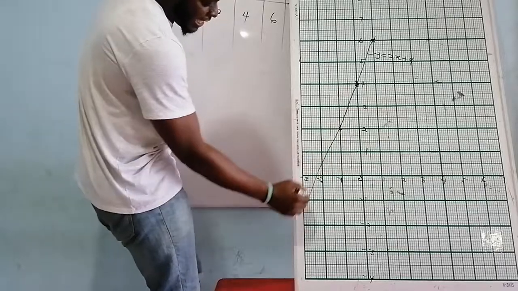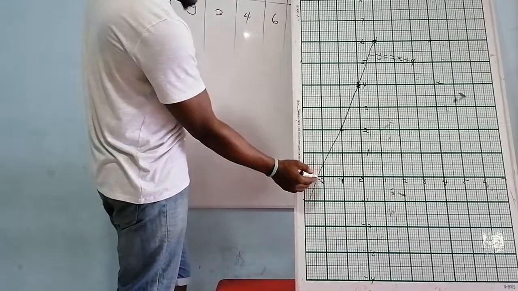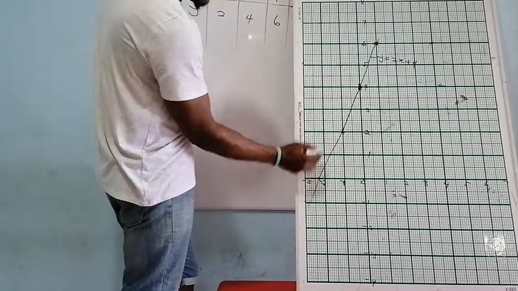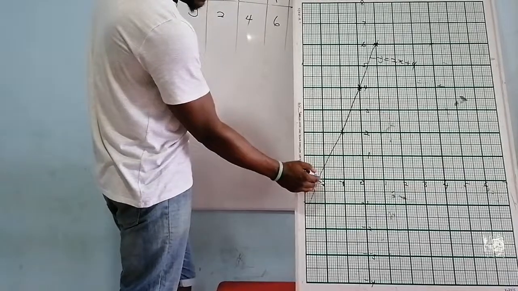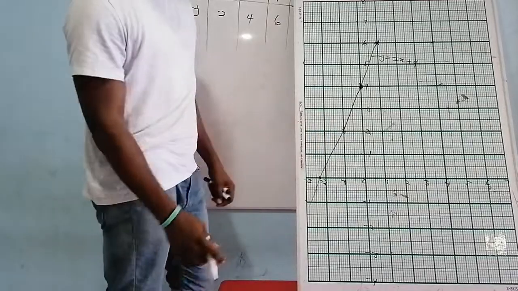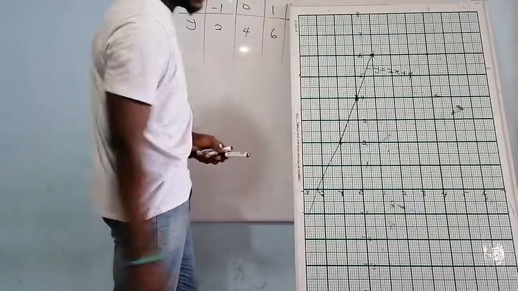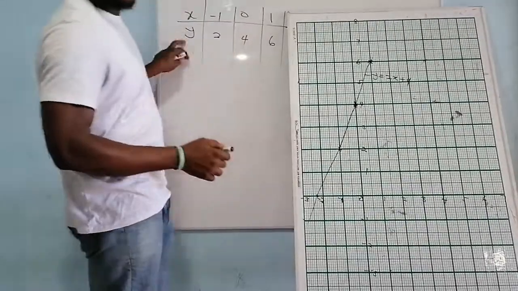Continue extending the line until it crosses the x-axis. Whichever point your line crosses the x-axis at, that will be the point they are referring to as the point where the line crosses the x-axis.